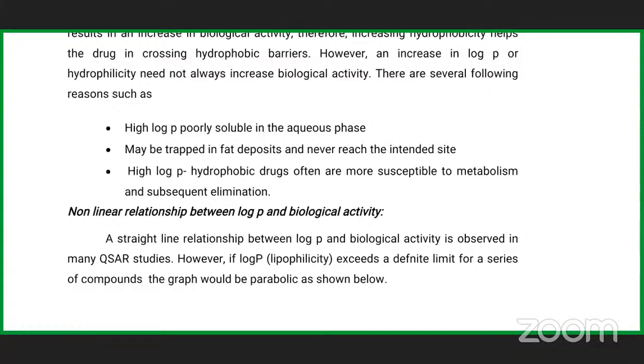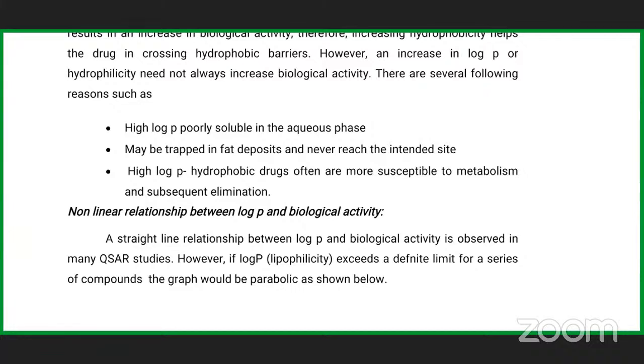So some limitations are observed with this linear relationship, where a high log P means poorly soluble in the aqueous phase. When you get high log P values, it is more soluble in the octanol.